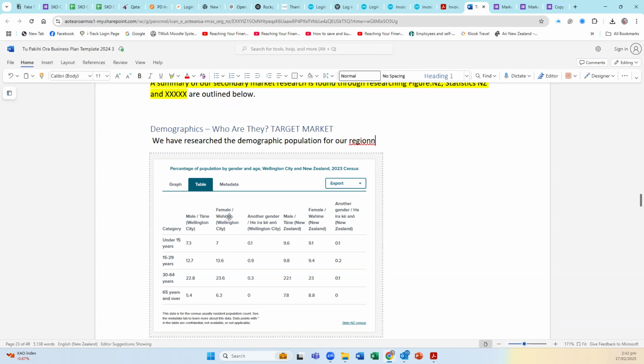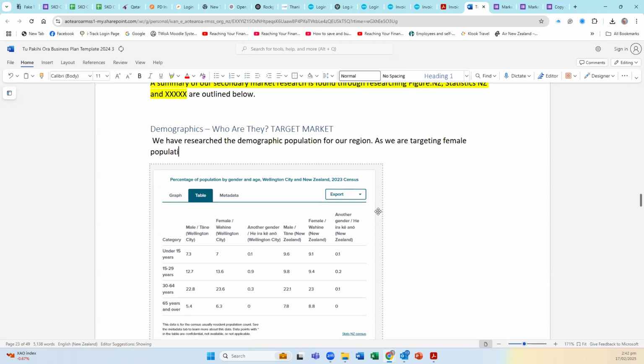Look, females, as we are primarily targeting the female population in the Wellington city area. What this actually shows, how many, is that thousands?